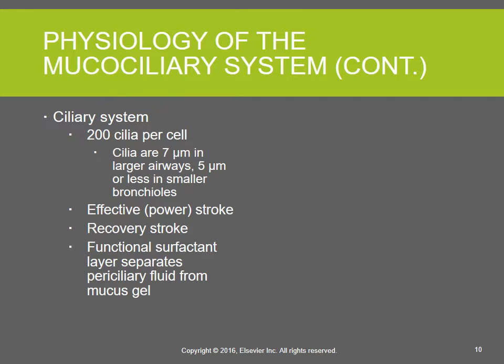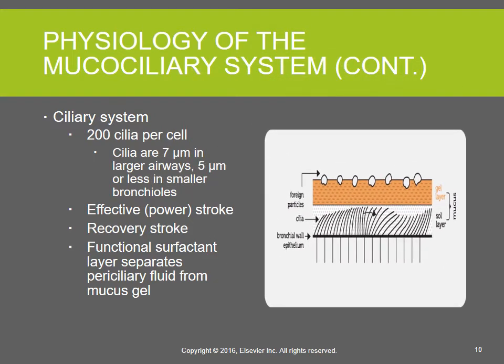This layer also facilitates mucus spreading in a continuous layer and prevents water loss to the sol layer. So you can see foreign particles stuck to the top of the gel layer, and the cilia underneath in the sol layer beating, and those are going to move the particles up and out.